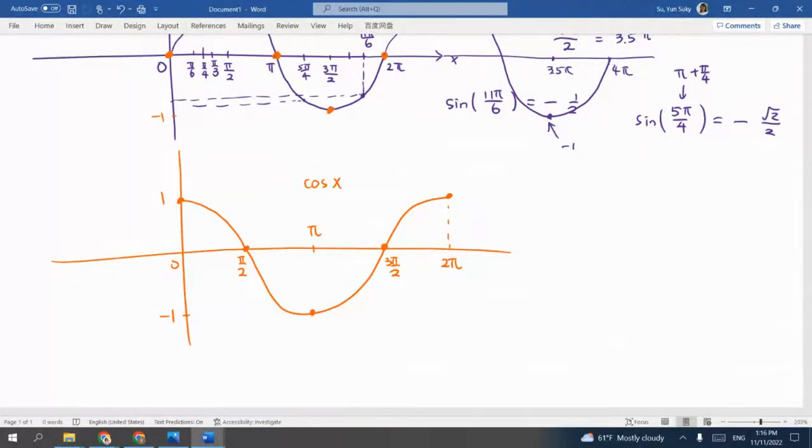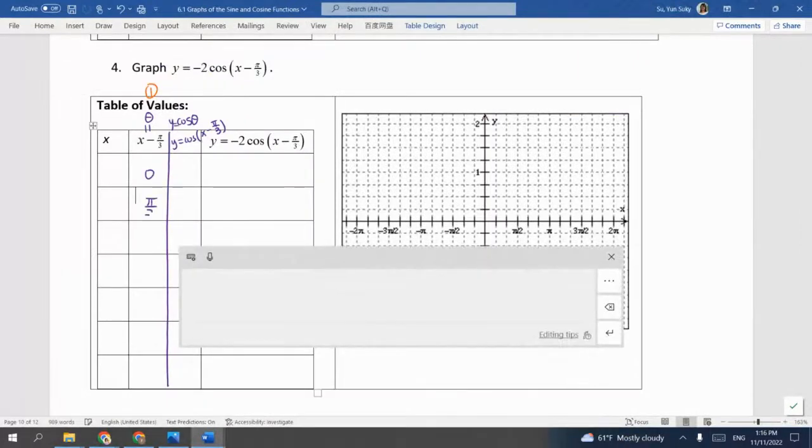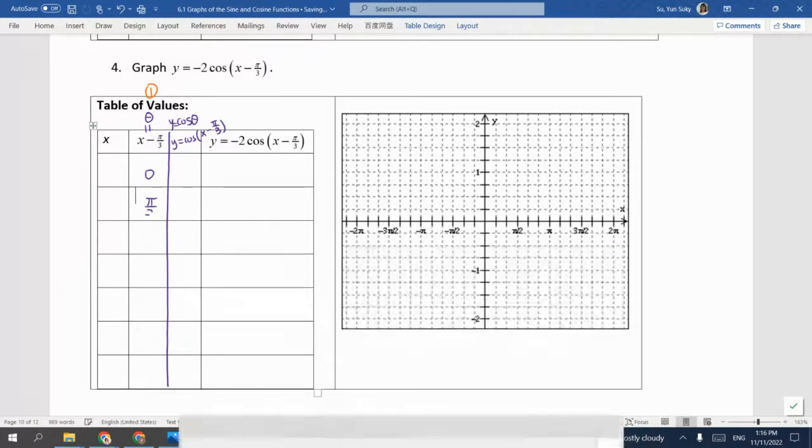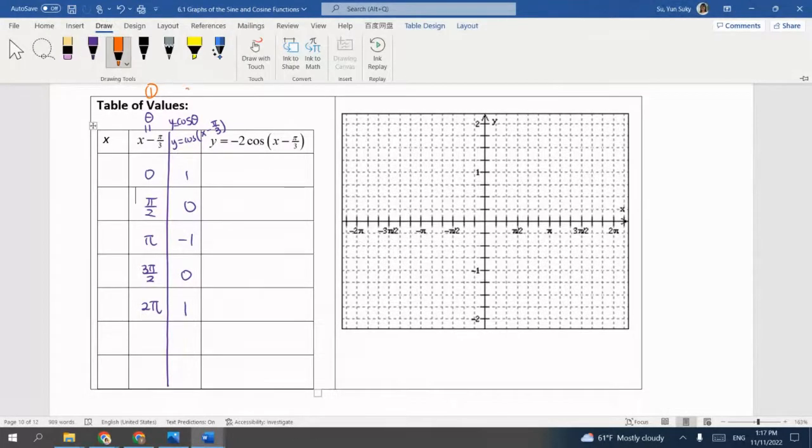So, come back: 0, pi over 2, pi, 3 pi over 2, and 2 pi. So far, so good, everybody? And then the cosine theta. What's cosine 0? 1. And then 0, then -1, 0, 1. Good. So this is the second step.